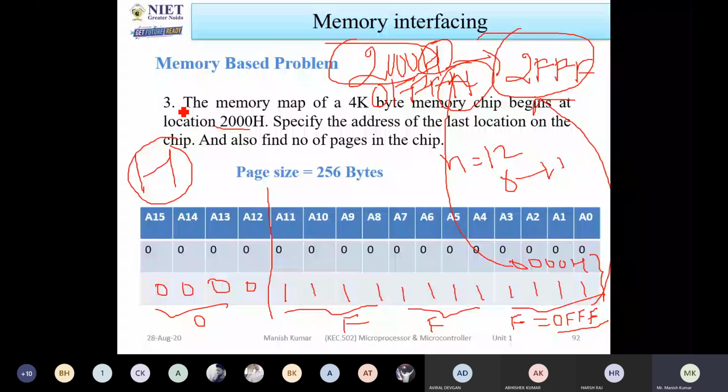For that purpose, whenever I am writing a hexadecimal number, we are adding H. Okay. Any doubt? It's clear? If you have any doubt, you can tell.